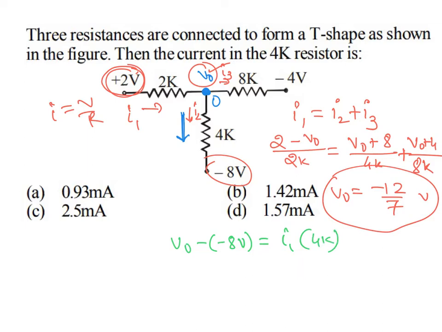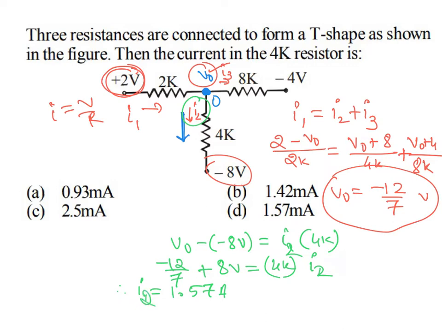V naught is minus 12 divided by 7, plus 8 volt, equal to 4K into I. Therefore you will get I as 1.57 ampere. This must be I2 here. Do not get confused: I2 is the current flowing through the 4K resistor.